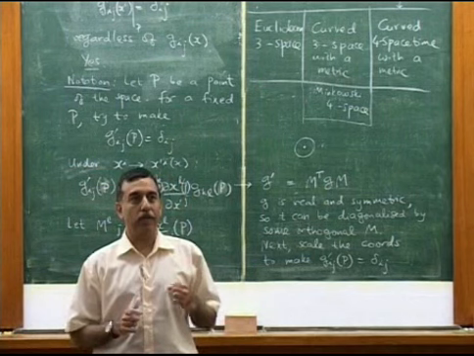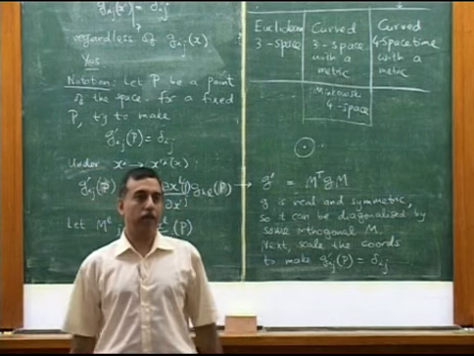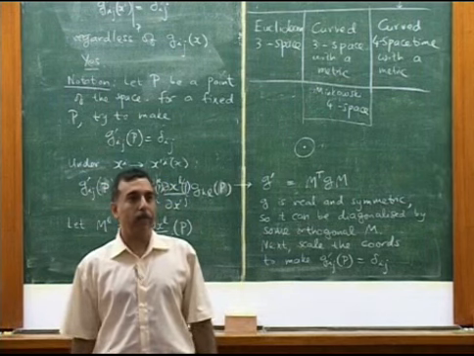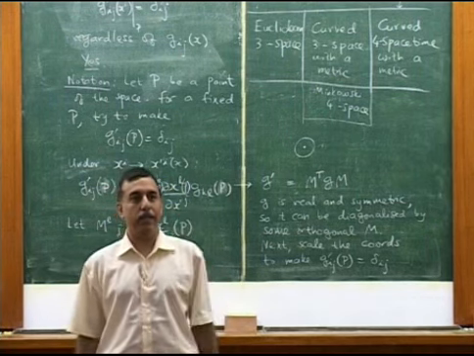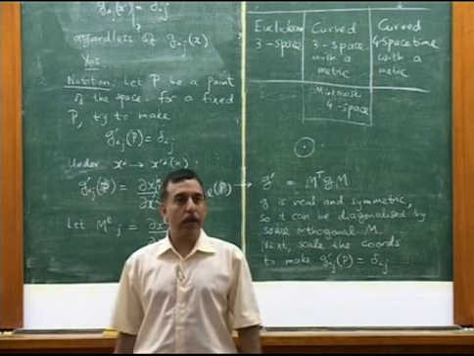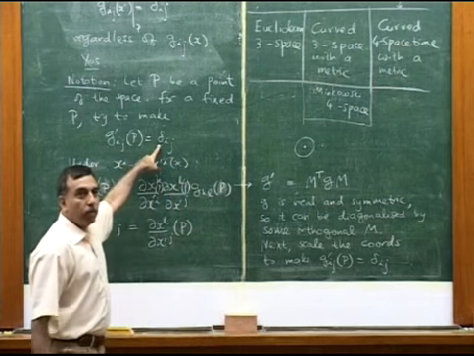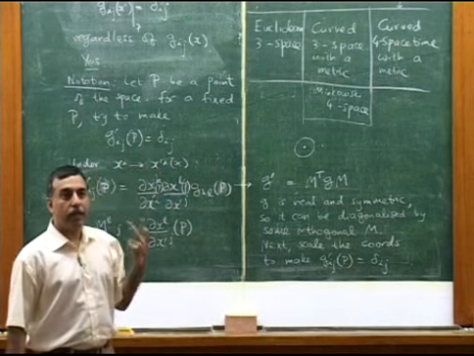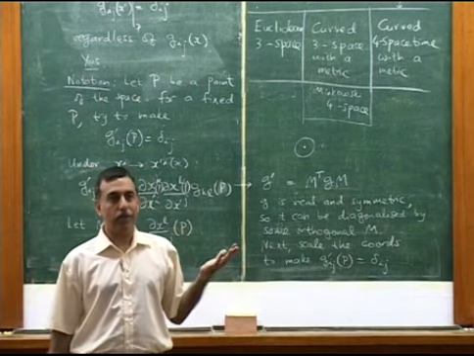So this is the content of it, that I can make it delta ij at any point, but not at more than one point simultaneously. And forget more than one, most importantly, I can't make it delta ij over a region. If I could, I would have to fix not only the metric to be delta ij, but also its first derivative, second derivative, third derivative, fourth derivative, and so on up to infinity, all to be 0.